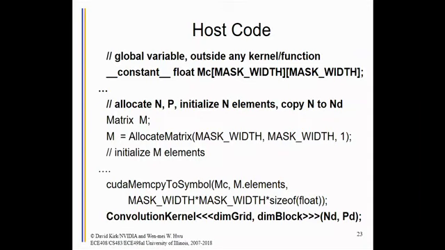But when we launch the kernel, we only need to provide the pointer to ND, the global memory version of N, and the output P. But we don't need to provide any pointer to MC, because MC is a global variable. It's visible to all the kernels. You can just refer to MC in your code, so you don't need to have that as a pointer in your kernel.